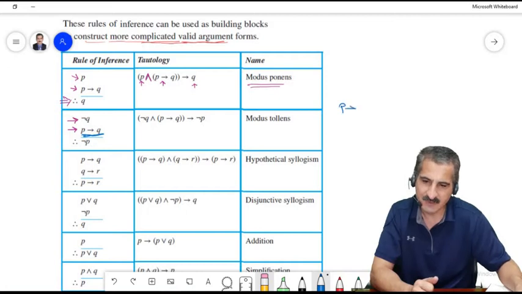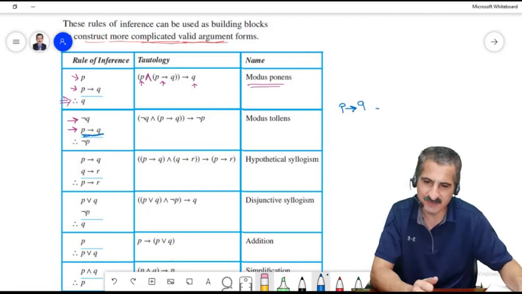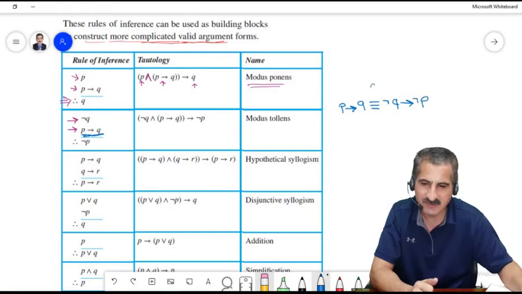P gives Q. The contrapositive of this is, and you should know that, you should always remember what that means. The contrapositive is equivalent for that statement. So we can replace this statement by saying not Q gives not P. This is the contrapositive.